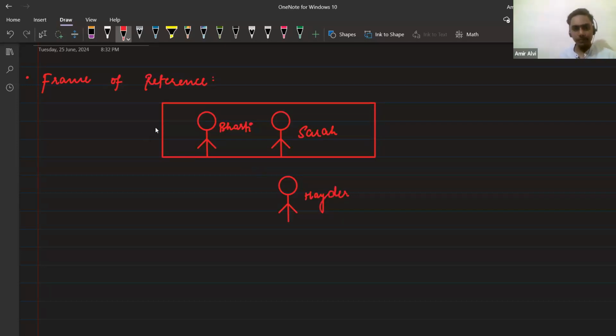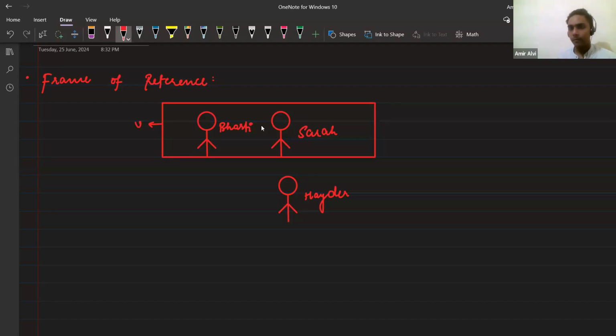So the train is going in this direction. If a train is moving, it should have some velocity. Okay. So it is going in this direction. Heather is standing at the platform. So what will Heather observe when the train is moving? Anyone?